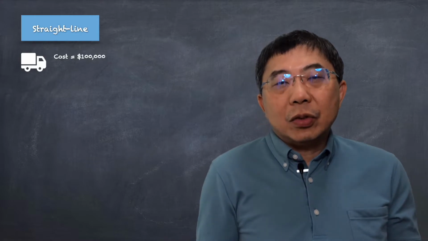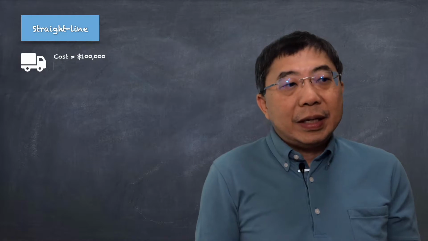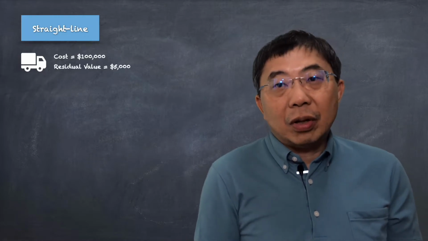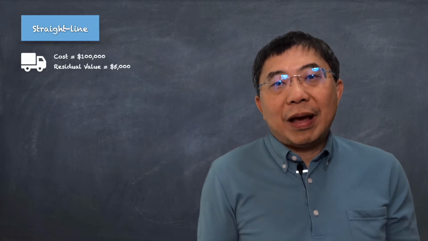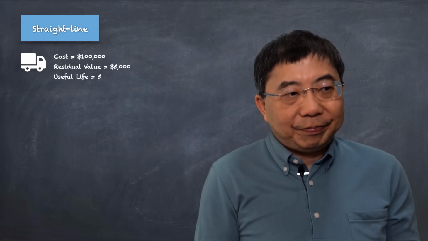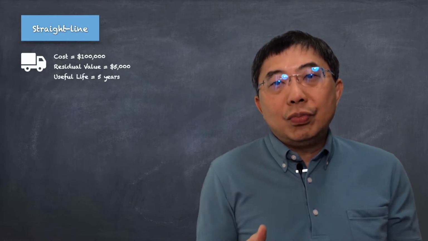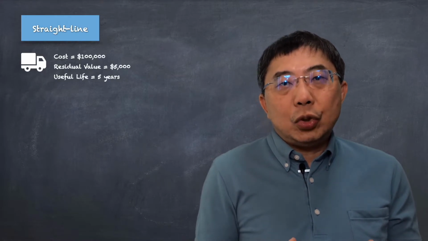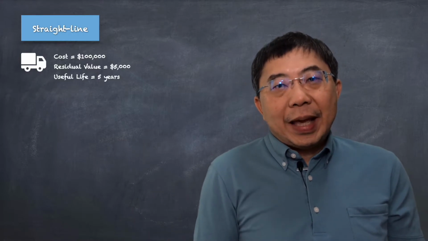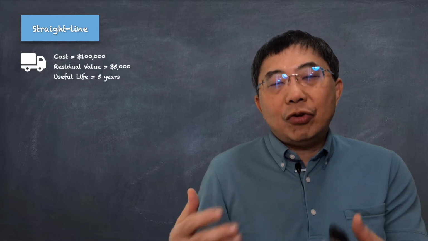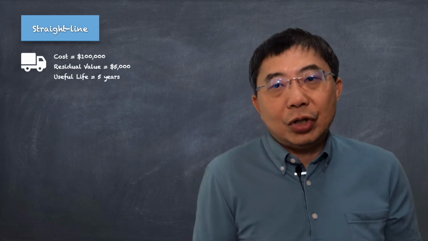The expected residual value at the end of the useful life is $5,000, and the truck is expected to have a useful life of 5 years. Now, this straight line approach assumes that the truck will be used equally for each of the 5 years, and its ability to generate revenue will be assumed to be the same for each year.